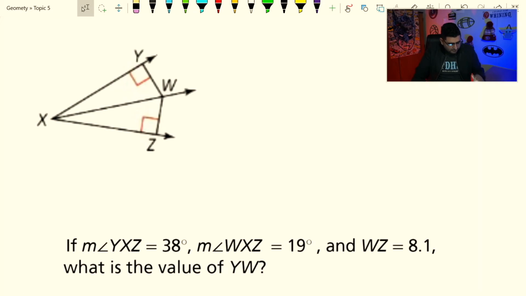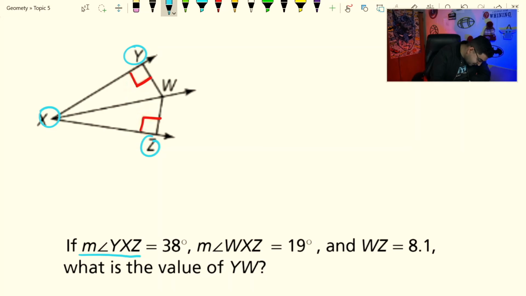Here for this problem, it reads, if the measurement of angle YXZ is 38, and the measurement of WXZ is 19, and WZ is 8.1, what is the value of YW? Again, let's label this. And again, off the bat, just by seeing these two 90-degree angles here, I can already tell I'm probably going to use one of the angle bisector theorems. YXZ, so they're talking about this big angle, YXZ.